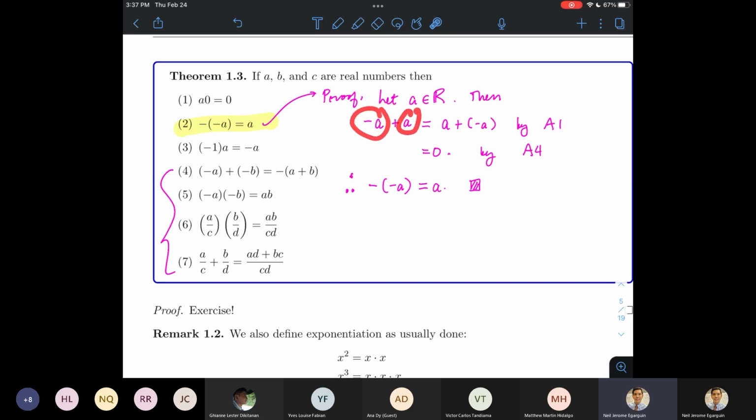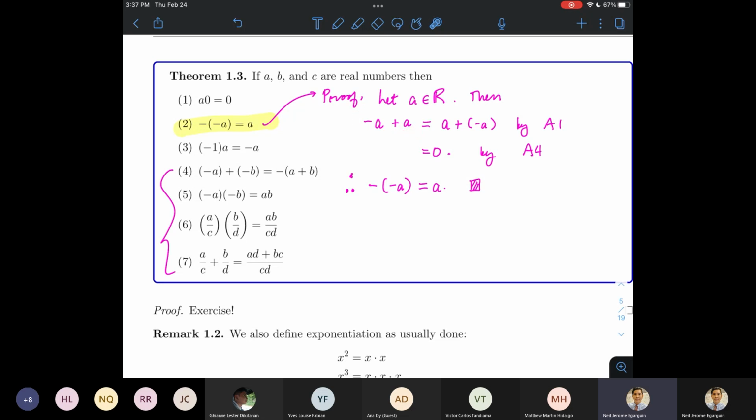Alright? So that means since negative A plus A turns out to be equal to 0, these two are additive inverses of each other. Or in other words, I can say that the additive inverse of negative A is equal to A. Because when I add them together, I'm going to get the additive identity back, right? So ang additive inverse ni negative A ay equal kay A. Alright? Good? Tapos ngayon, isi-symbolize ko siya.